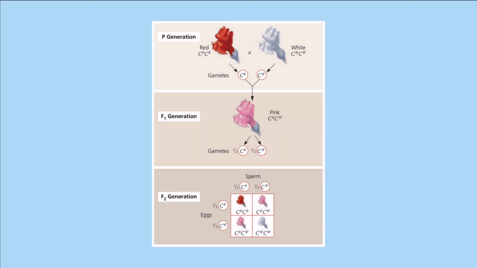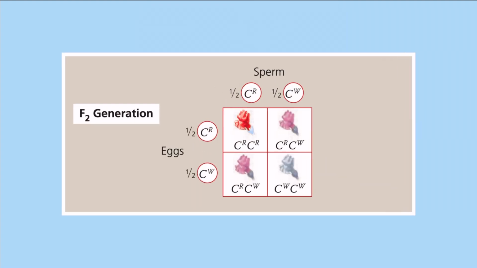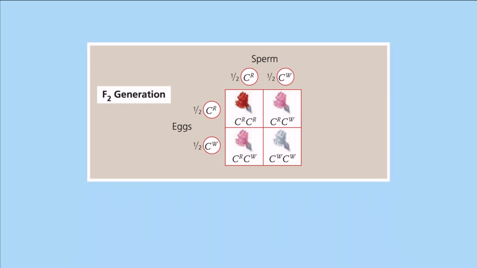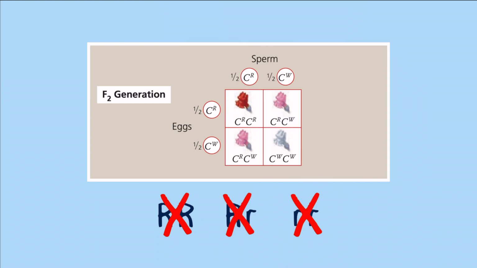Going back to our monohybrid cross, interbreeding F1 hybrids produces F2 offspring with a phenotypic ratio of 1 red to 2 pinks to 1 white. Also, as you can see, because neither allele is dominant, we don't use capital and lowercase letters to represent an allele.